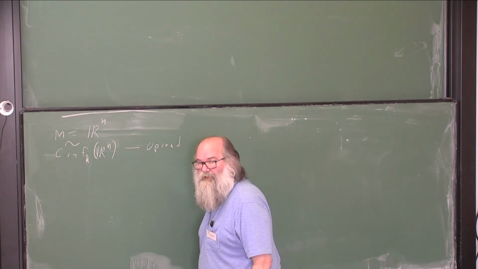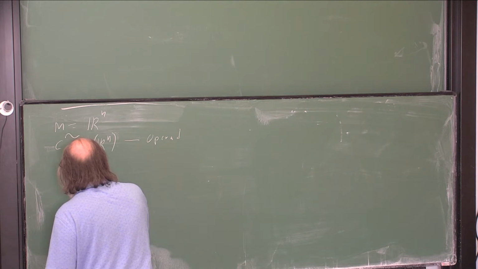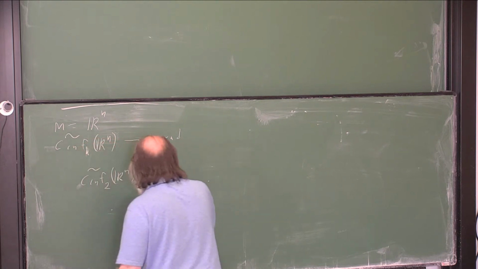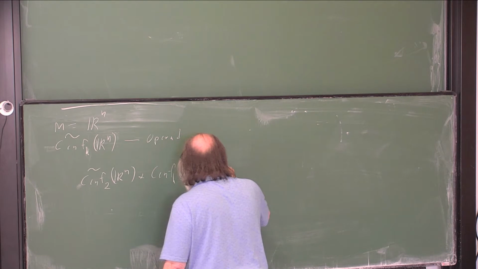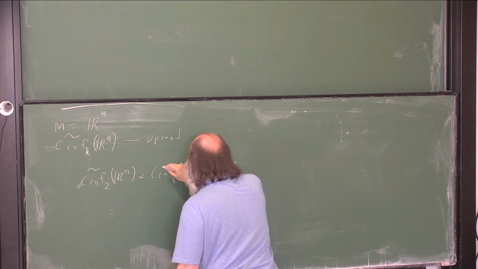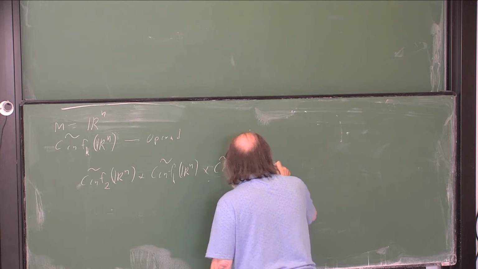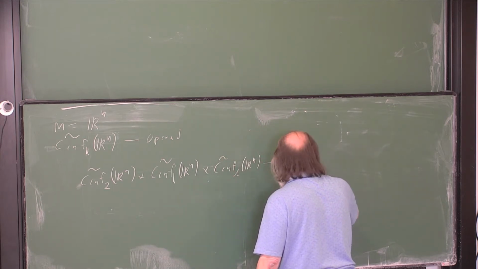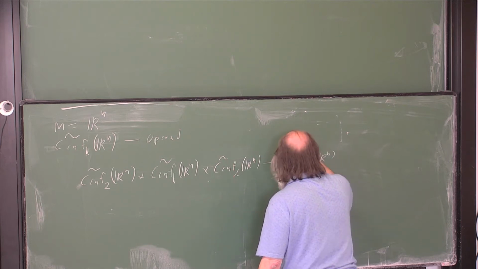So how does this work? If you have, say, Conf_2 as an example, the closed configuration space of R^n, and this goes to the configuration space of K plus L points in R^n.